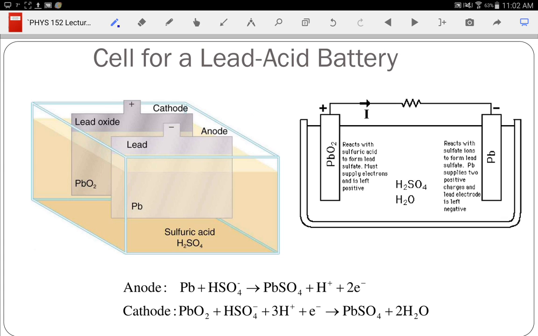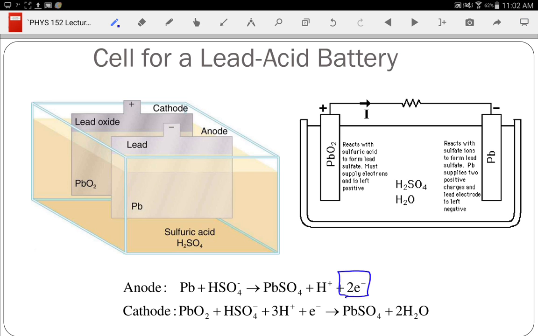And you have chemical reactions that occur because of the sulfuric acid that they're sitting in. At the anode, the lead one, the lead plus sulfuric acid produces a lead sulfate and a hydrogen ion and these 2 electrons. So the lead plate becomes negative because that chemical reaction leaves 2 excess electrons after it's done.